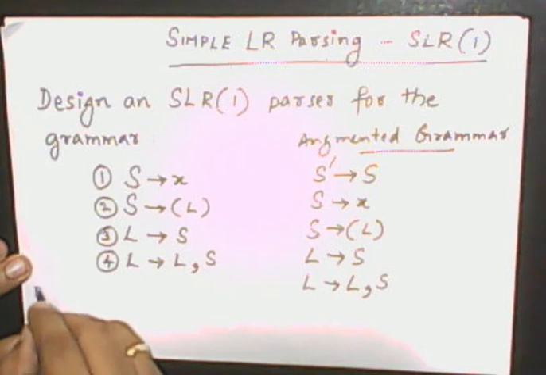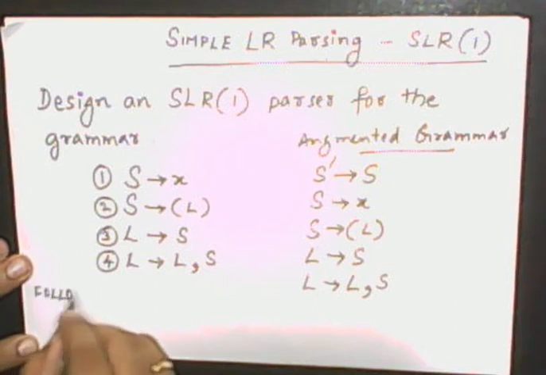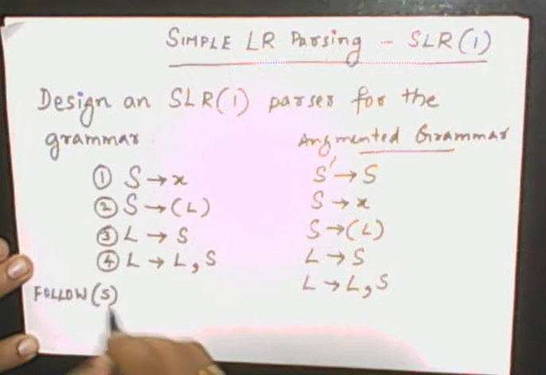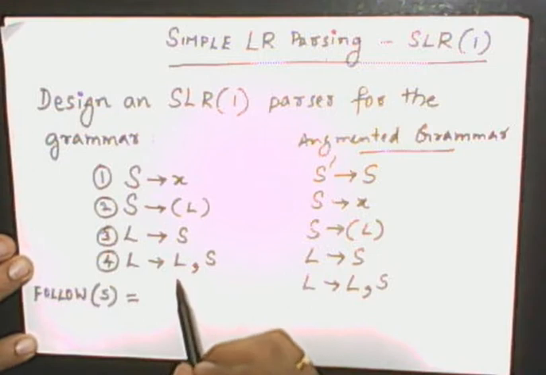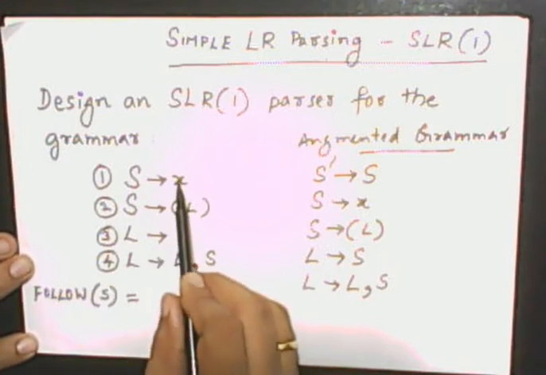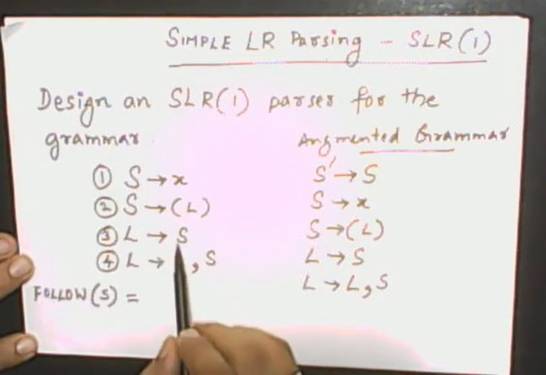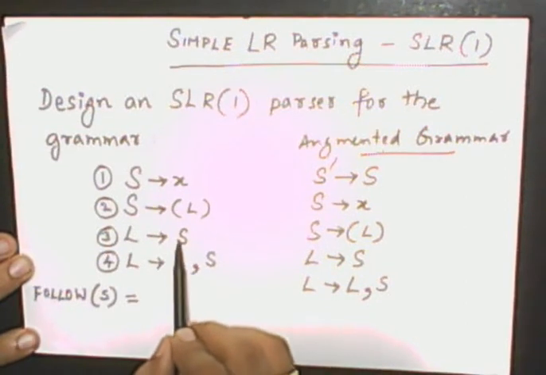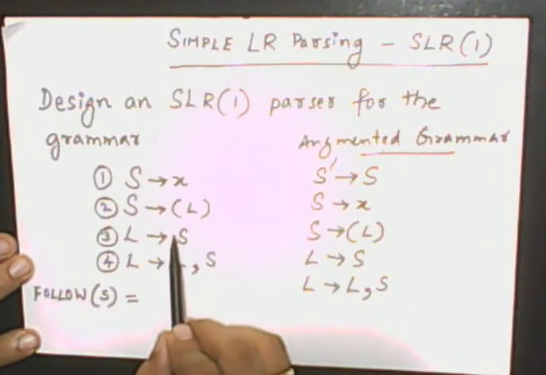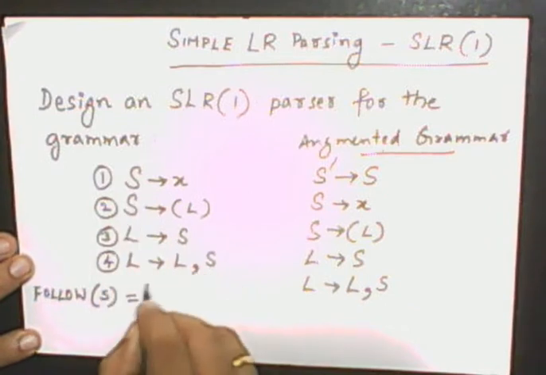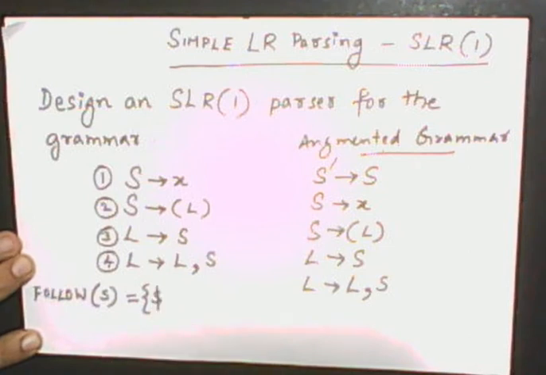Let us find the follow of S. For finding follow, if you recollect, you have to look at the right hand side wherever S is there. So S you have here. Since S is the start symbol, you can by default add dollar there.